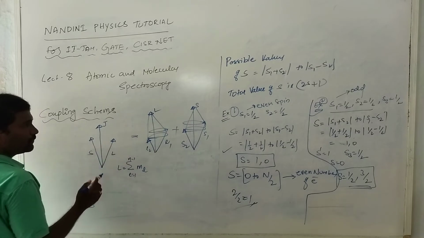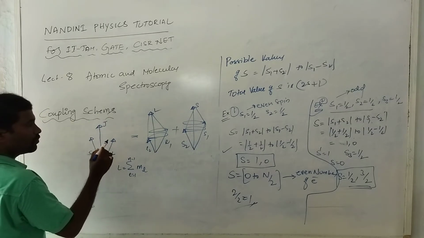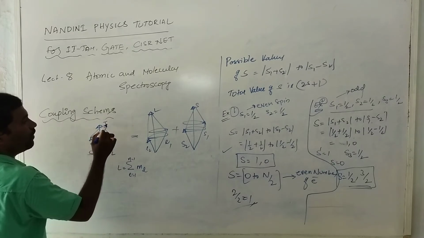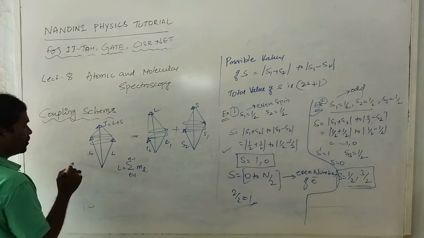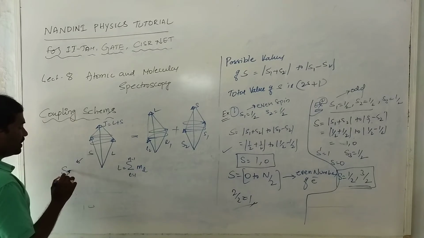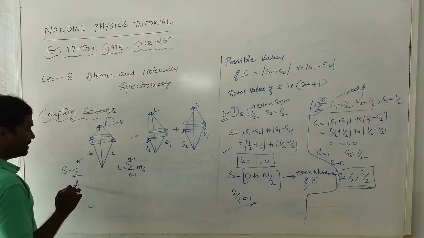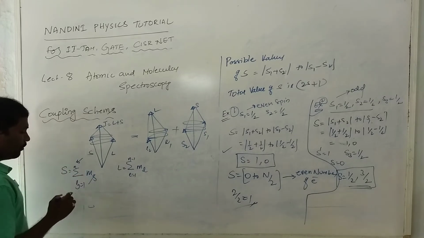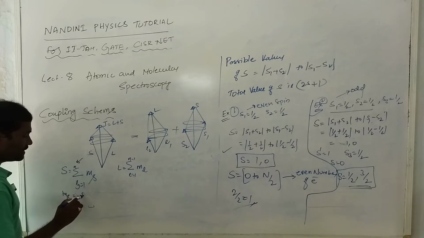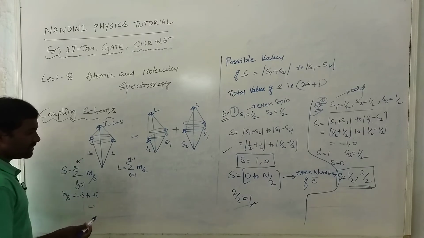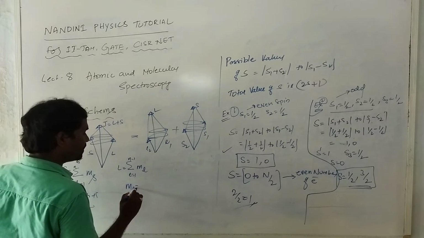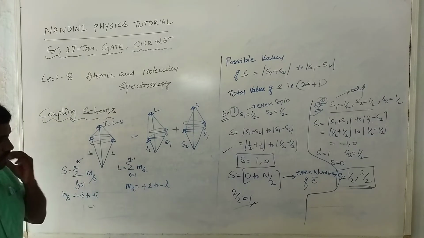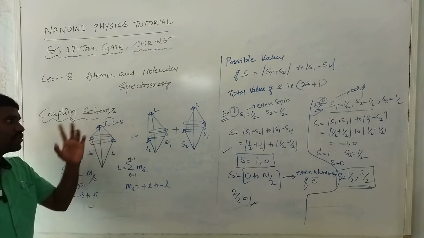These two add to form the total angular momentum, L plus S. S is the sum of ms values from 1 to n. The possible values of ms are plus or minus s, and the possible values of ml are plus l to minus l. Adding these two will give the total angular momentum, J.